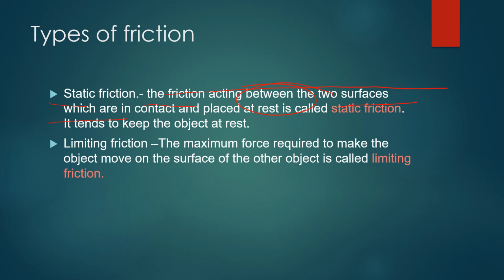Now the second one is the limiting force. So what is the limiting force? When the force applied on a stationary object is gradually increased, a stage comes when the object just starts moving. So the maximum force required to make the object move on the surface of the other object is the limiting friction. So suppose this is a surface, on that you are trying to pull or push this object.